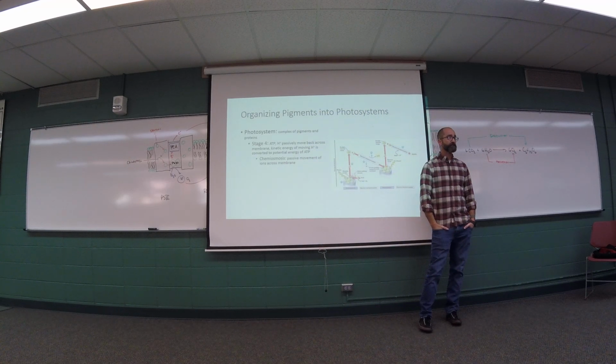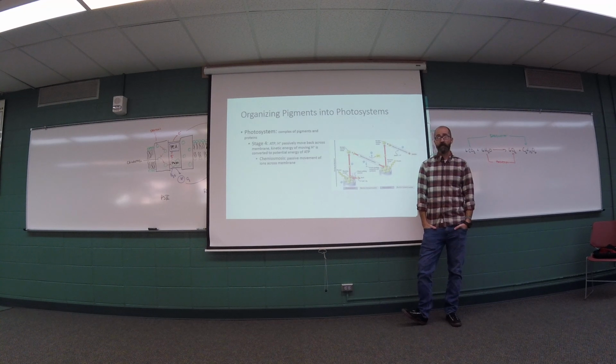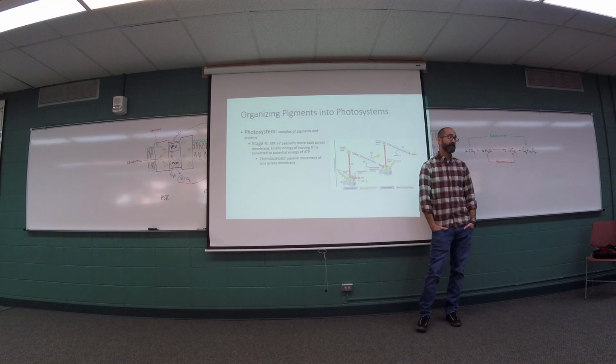If it's used subsequent to PS2, it is used to create ATP, right? Those protons passively fall back through ATP synthase, and that passive energy creates kinetic energy within ATP synthase, which is used to create ATP.